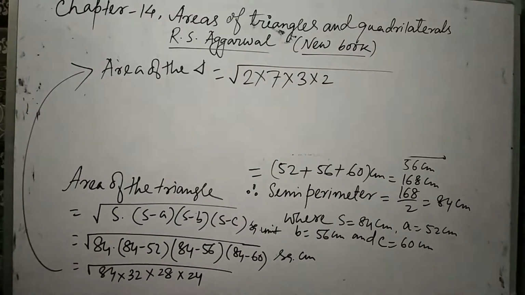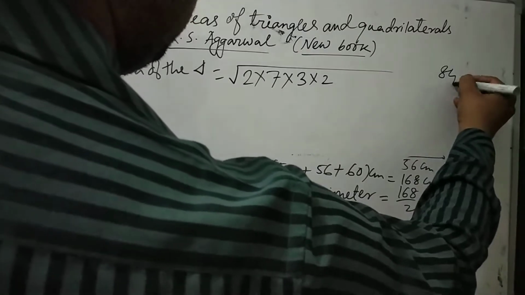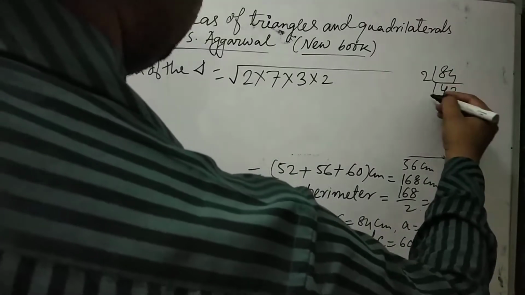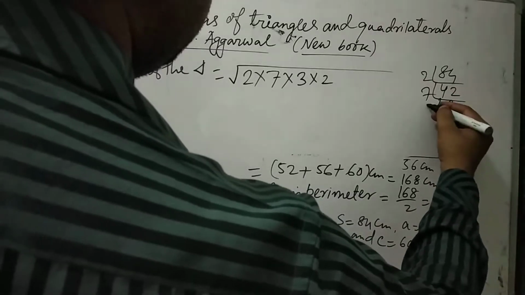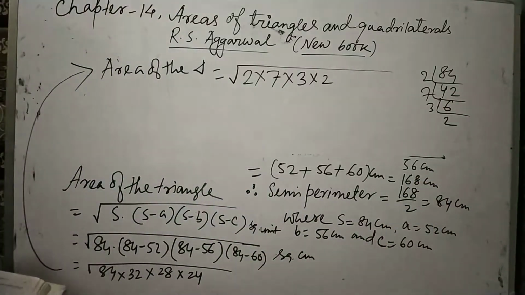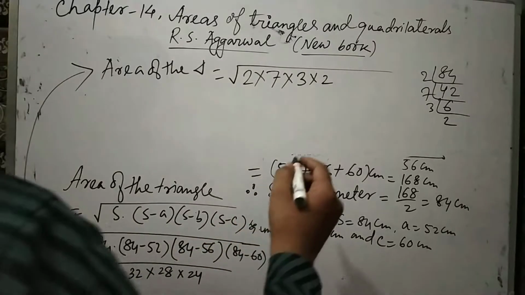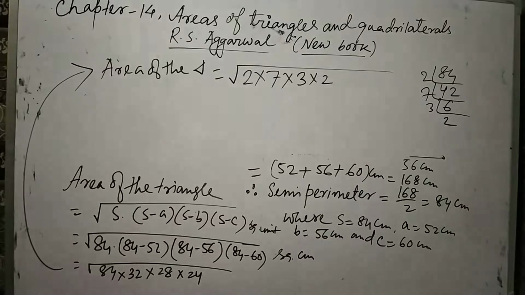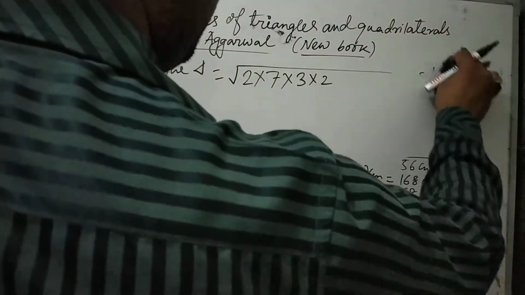If you have any doubt, you can just factorize 84. Similarly, you can factorize 32. 32 is 2 into 2, 5 times.